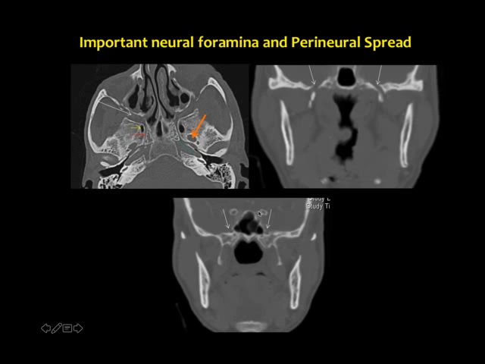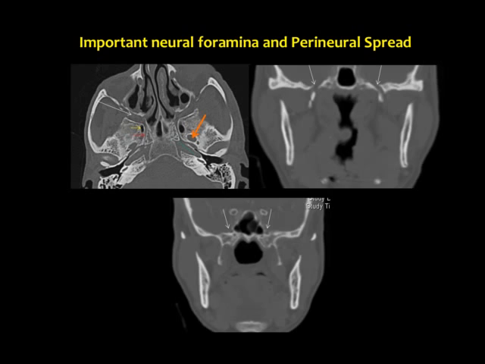This hosts the optic nerve. Along the lateral wall of the sphenoid sinus is the superior orbital fissure. Below it you will see two rounded structures: the lateral one is the foramen rotundum, and the medial one is the Vidian canal. So there are a total of four structures.